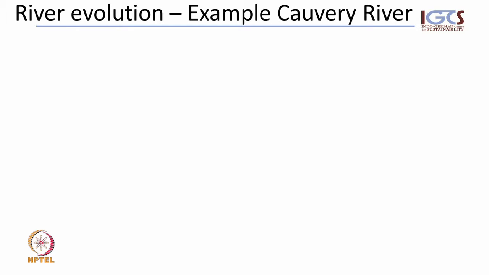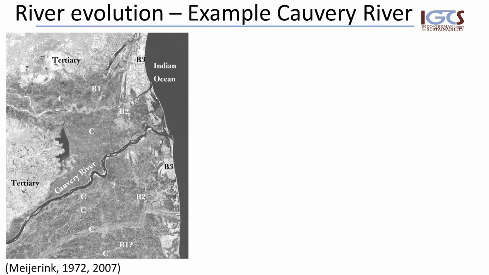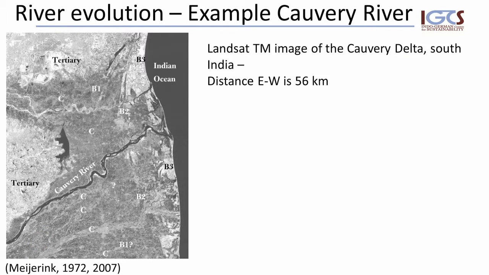Let's look into an example that may be familiar to you, the Kaveri River in South India. And here we have a satellite image of 1984, a Landsat TM image, just black and white here, showing us the Kaveri River here in blue.